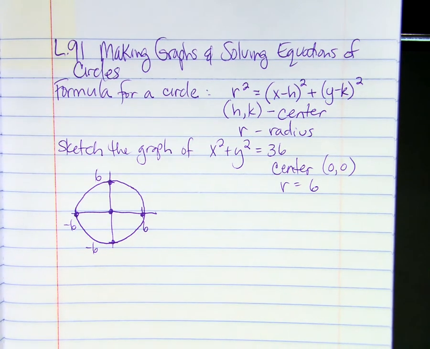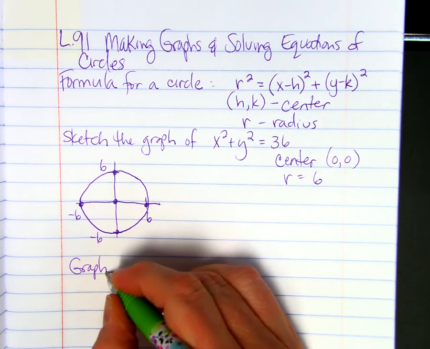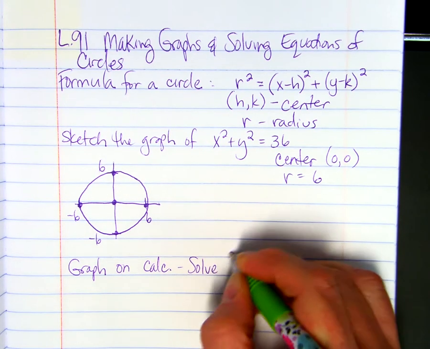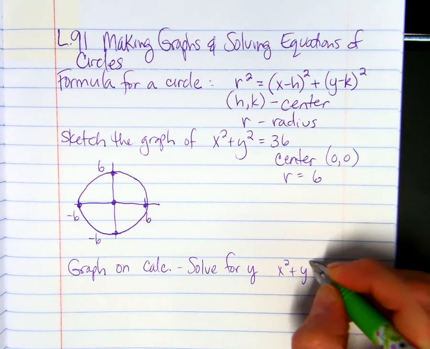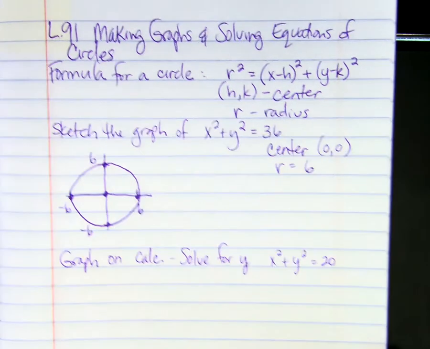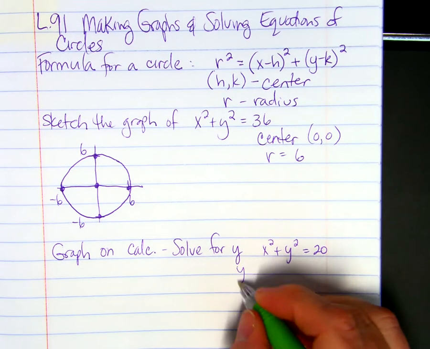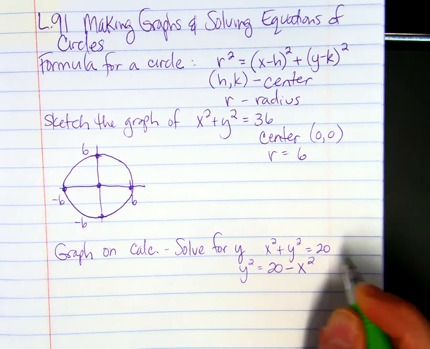Now, if you wanted to graph the circle on a graphing calculator, you have to solve for y in order to do that. So if we have x squared plus y squared equals 20, we're going to subtract x squared, so y squared equals 20 minus x squared.